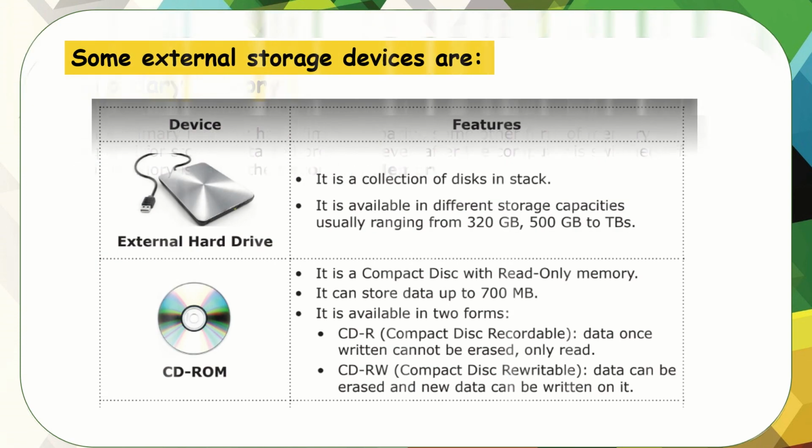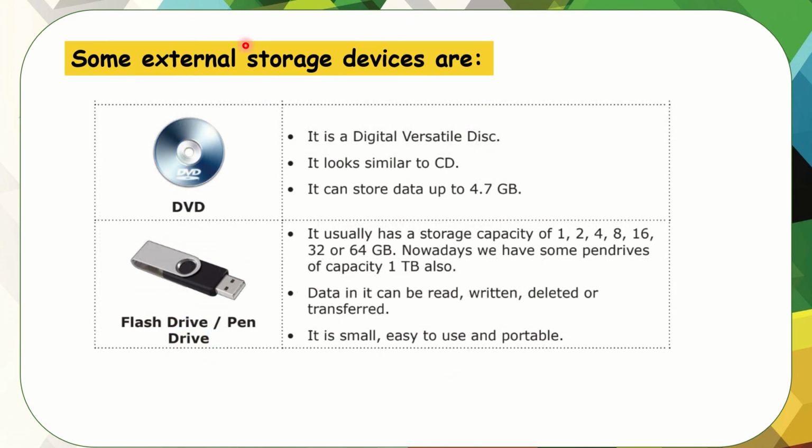Got it? Now, some of the external storage devices, you are well aware, this is the hardware device, this is your external hardware, this is the CD-ROM. Then you have DVD and this pen drive. You are well aware of this pen drive.